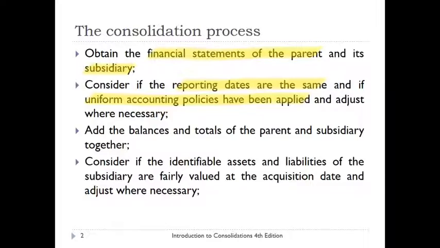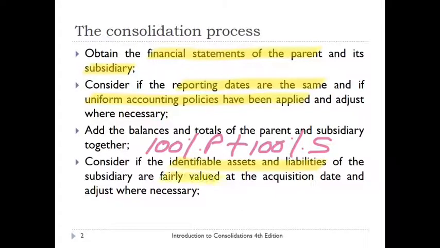This then forms your starting point where you would now, line by line, start adding together 100% of the balances of P to 100% of the balances and totals of S. The next step, consider whether the identifiable assets and liabilities of the subsidiary are fairly valued at acquisition date, is the topic of Chapter 7.